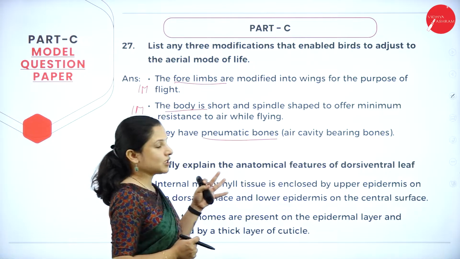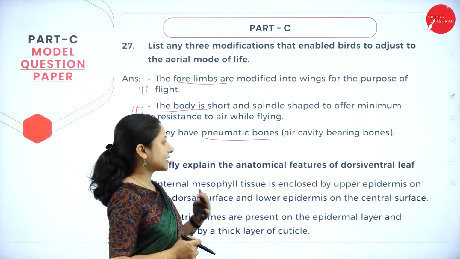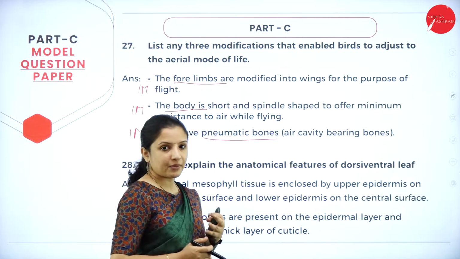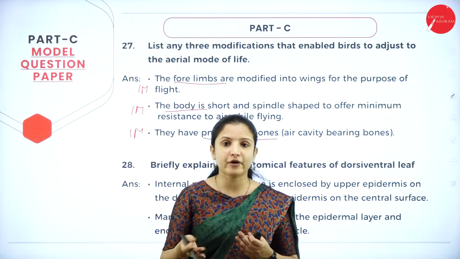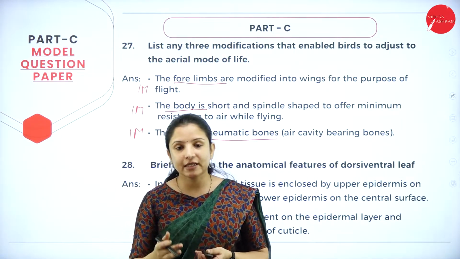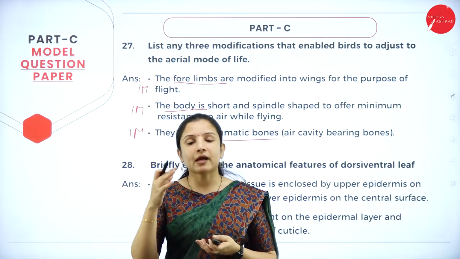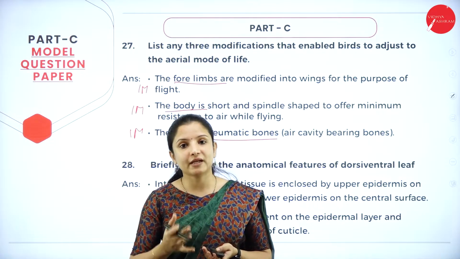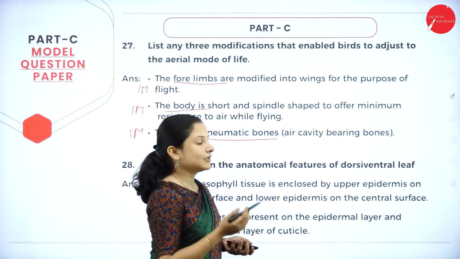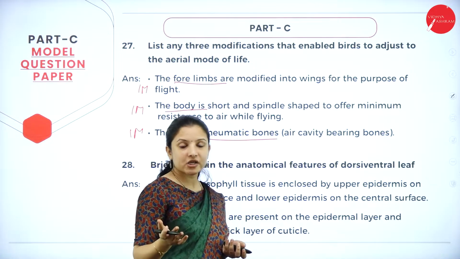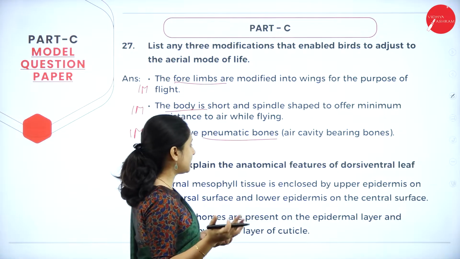Starting with the internal mesophyll tissue that is there, which is covered by the upper epidermis, or you can write it in points. First you can write externally the leaf is covered by an external epidermis which is made up of parenchymatous cells. That will be the first point. Barrel-shaped cell, parenchymatous cells will be the first point.